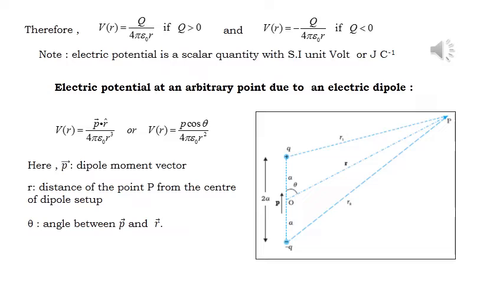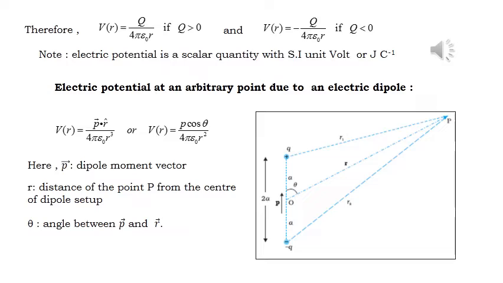So what is the expected result? V of R equal to P vector dot R vector divided by 4 pi epsilon naught R cube, or in the scalar approach, V of R equal to P cos theta by 4 pi epsilon naught R square. Here P vector is nothing but the dipole moment vector.